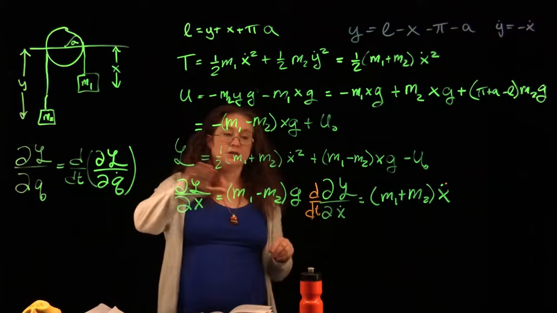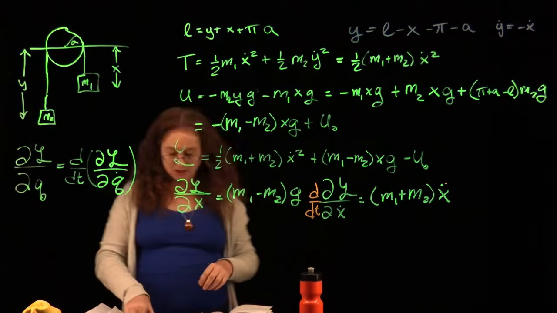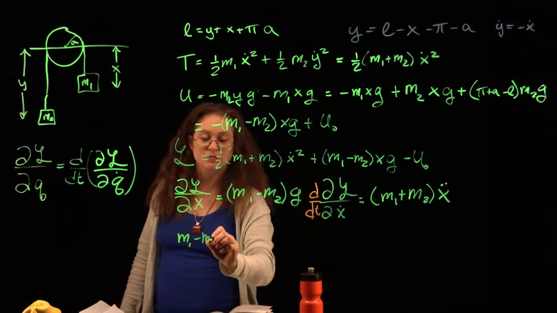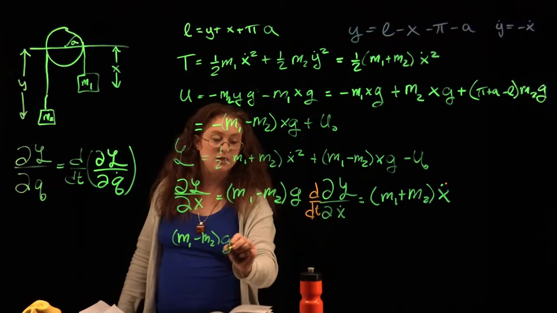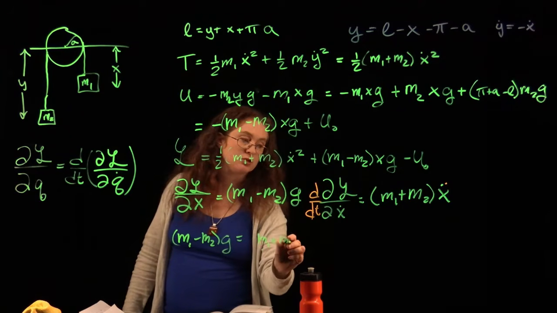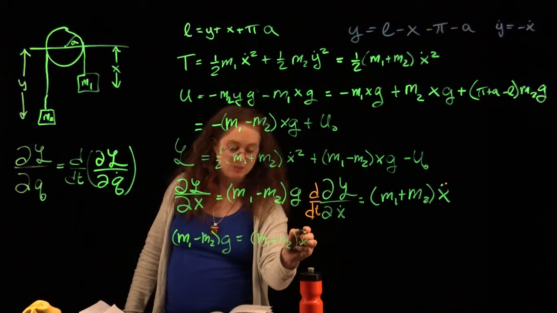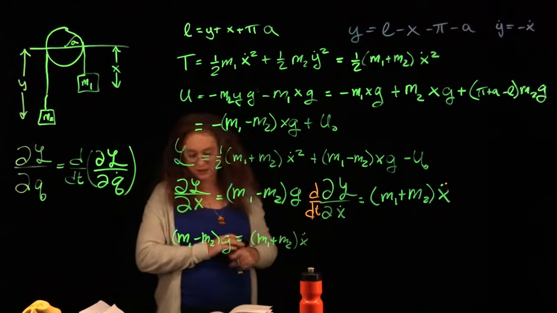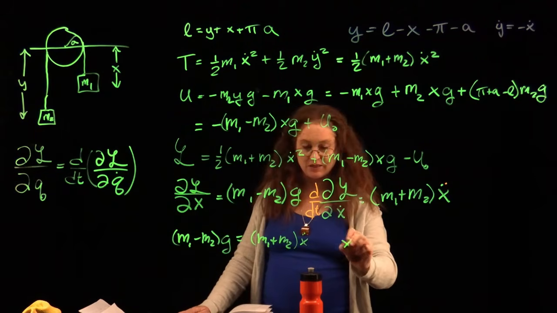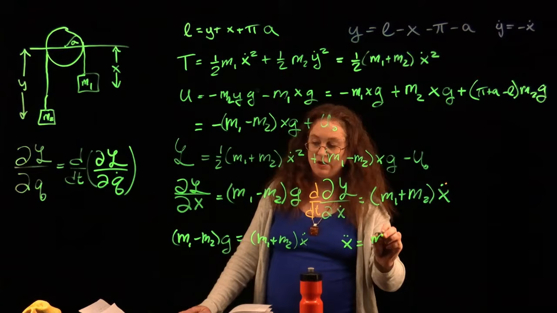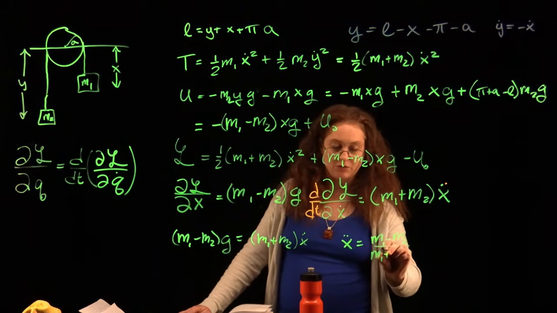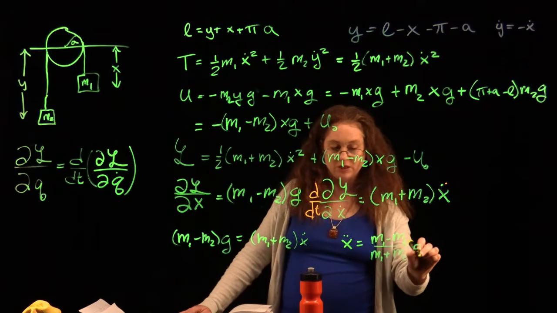Now, this has to equal that, so I get (m1 minus m2) g equals (m1 plus m2) x double dot, and this is easily solved to get x double dot equals (m1 minus m2) over (m1 plus m2) times g.